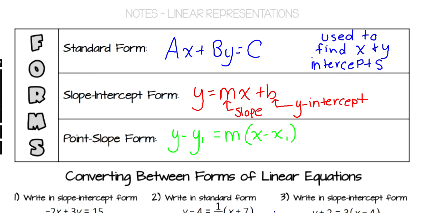So just like slope-intercept form above, this m represents our slope. And then that kind of interesting looking x1 and y1, those are the coordinates of one point, any given point on the line. So x1 and y1 equal a point on the line.